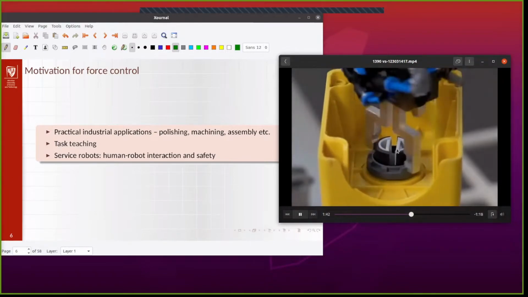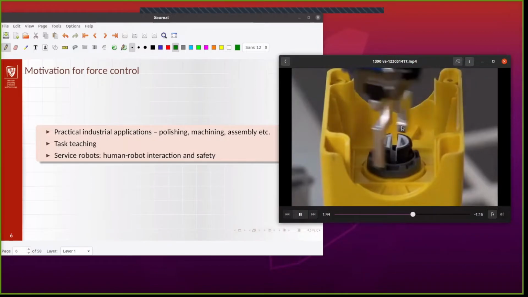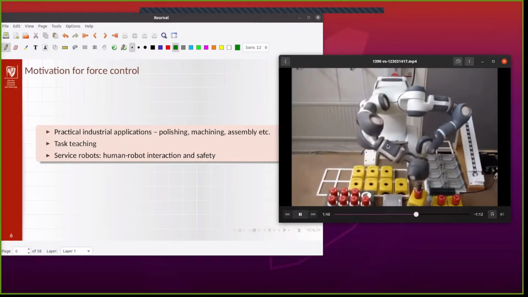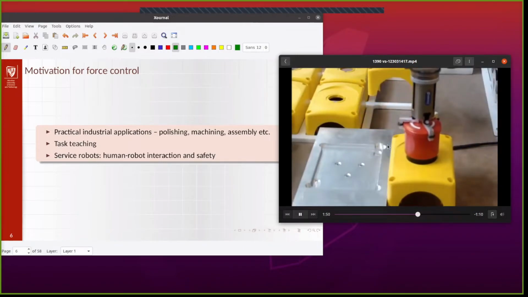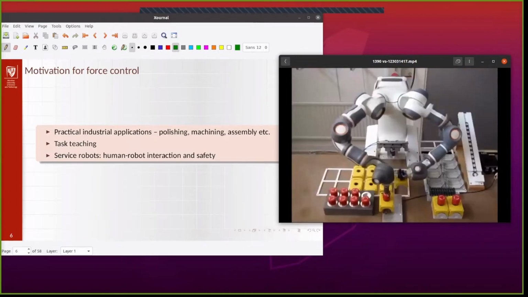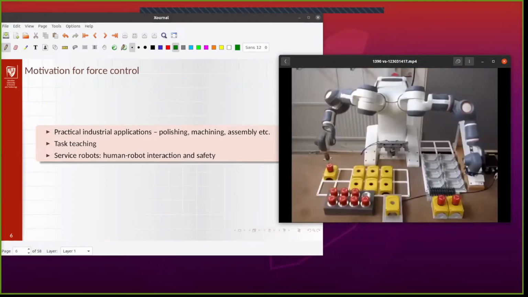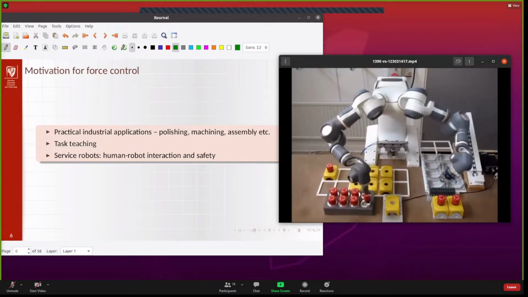There is also a force control when you try to rotate this screw, as you also need to ensure certain value of the torque, which is a form of the force control as well.